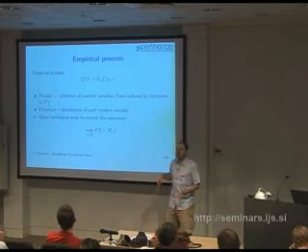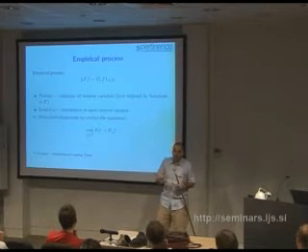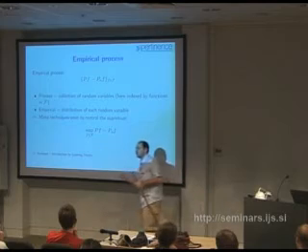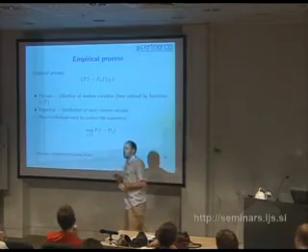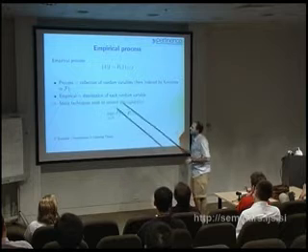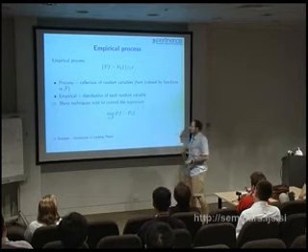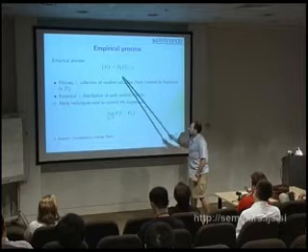So what is a process? It is a collection of random variables, and an empirical process is a collection of such random variables where each one is the difference between an expected value and an empirical average.